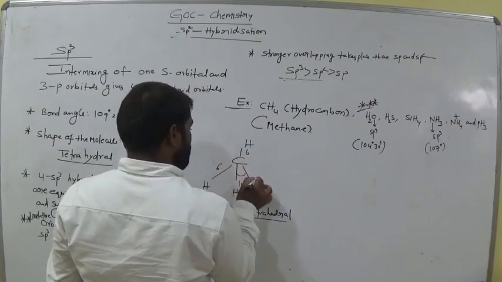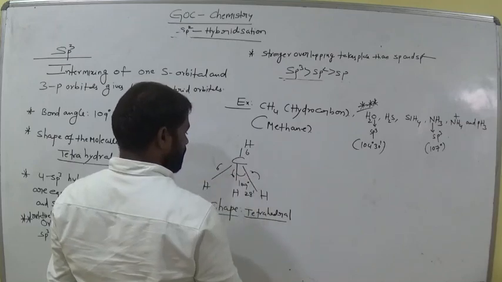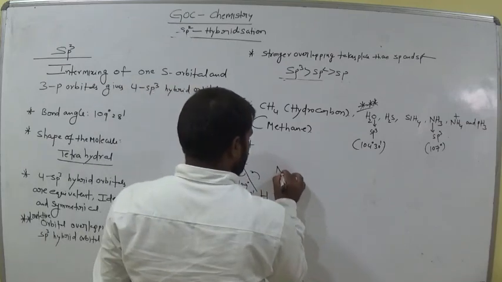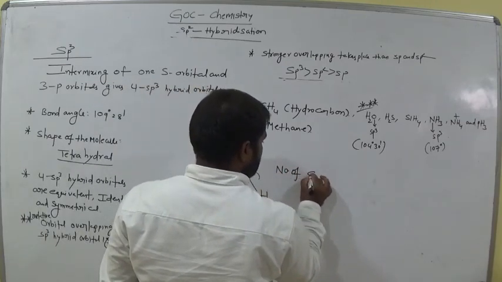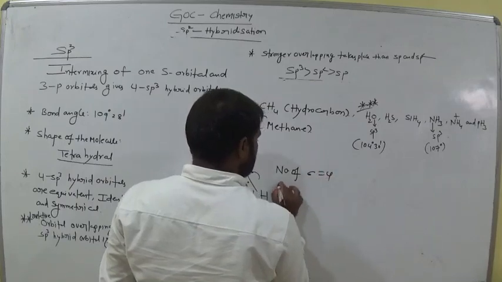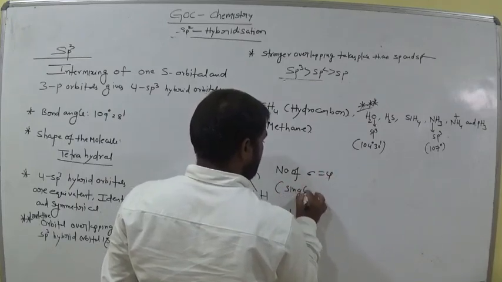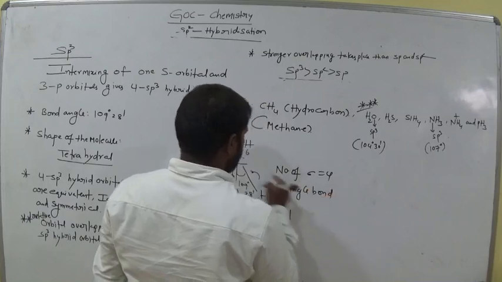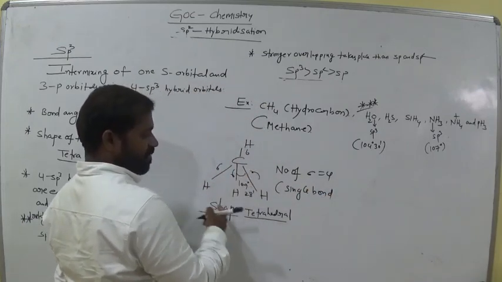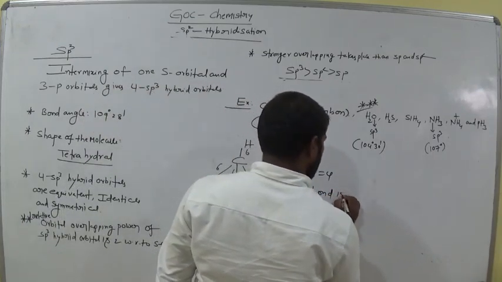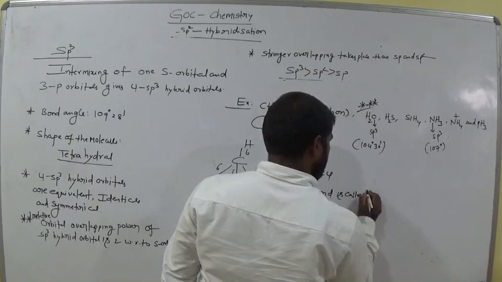Sigma covalent bonds: the number of sigma bonds is 4. Single bonds, there is no double or triple bond. A single bond is called a sigma bond.